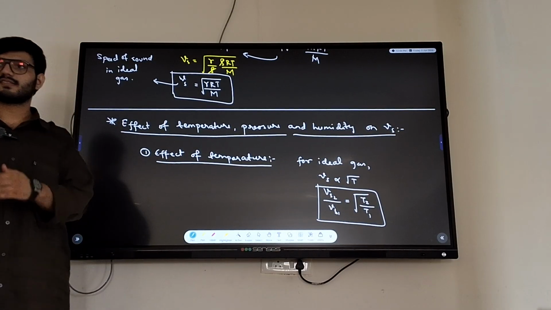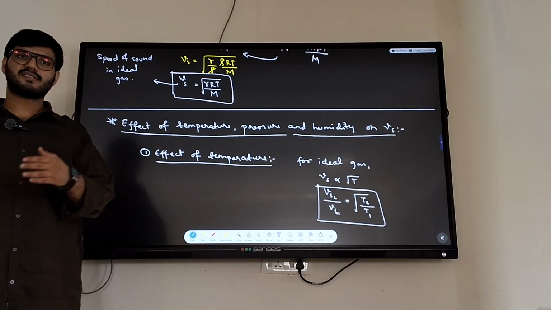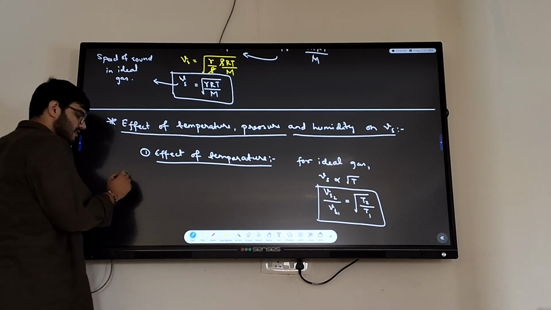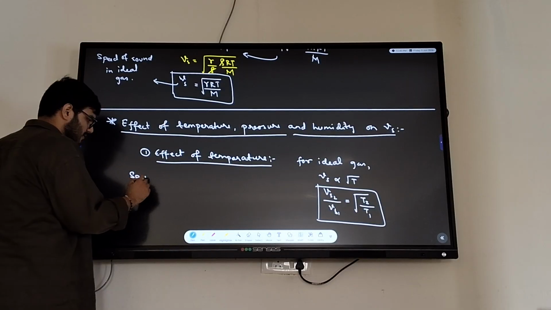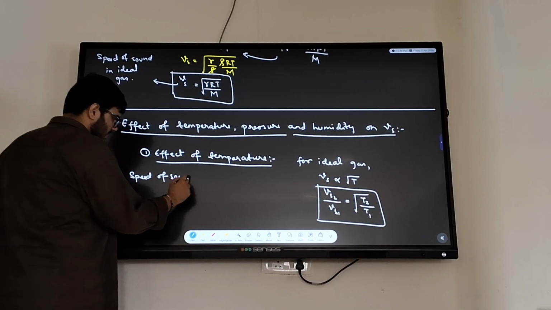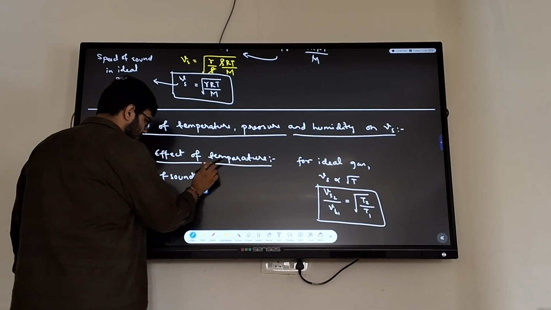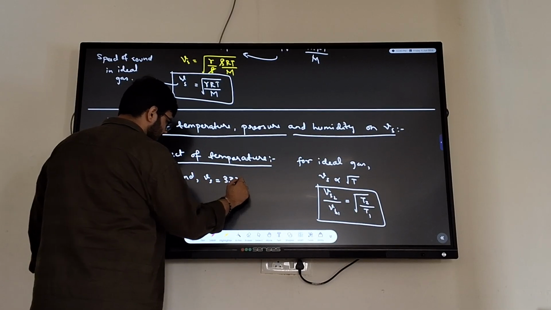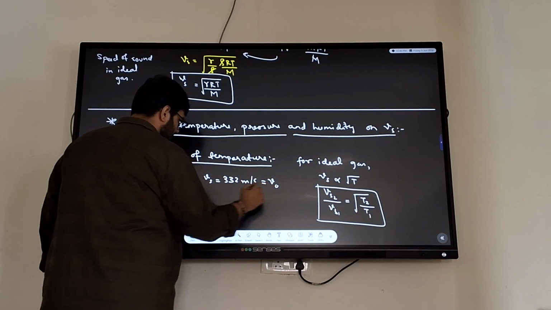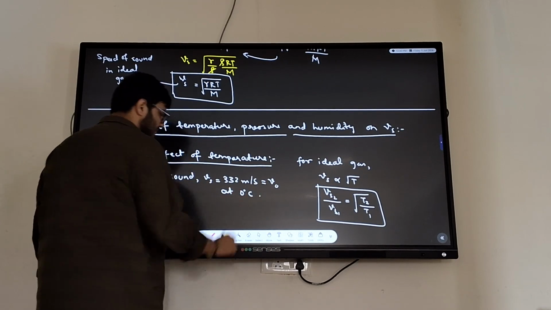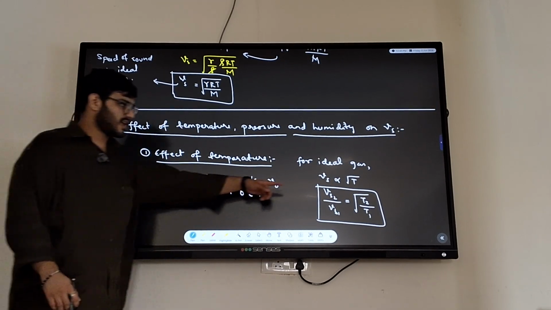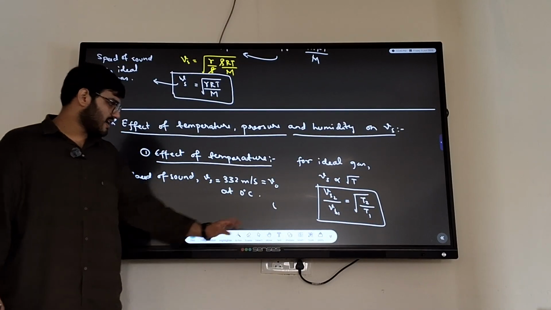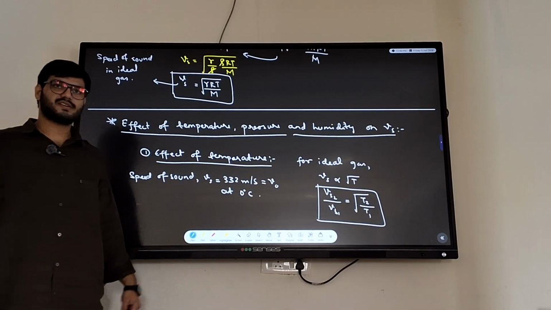You define a reference. Let's say at some temperature we know some value of speed. You should remember this, that speed of sound Vs is equal to 332 meter per second. Let's call it V0 at 0 degrees Celsius. Those temperatures are calculated in kelvins. Please remember that.